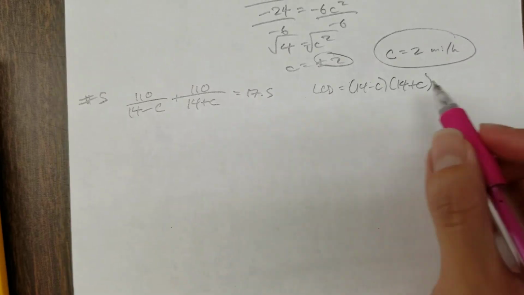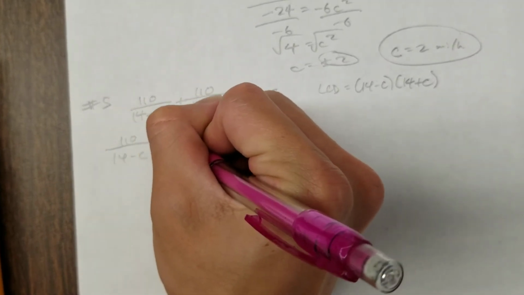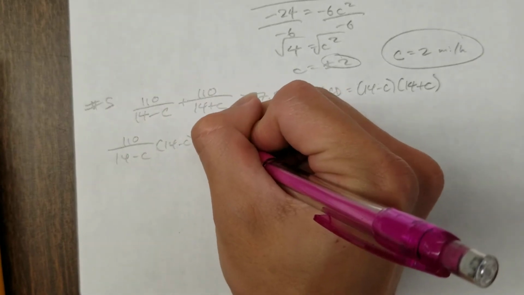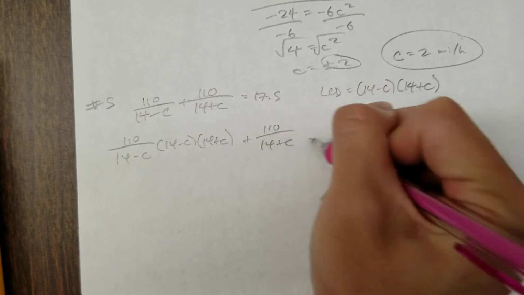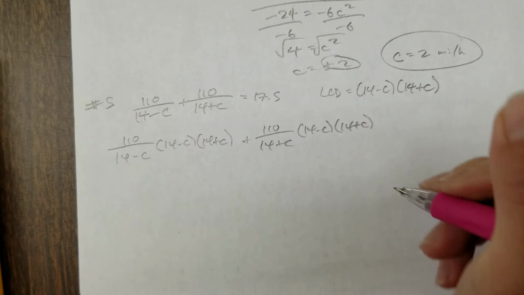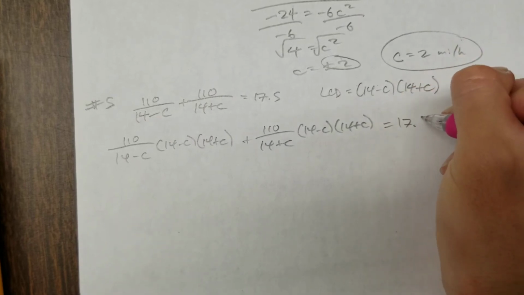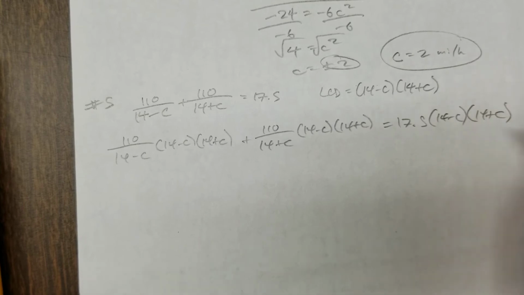So multiply this by (14 minus c)(14 plus c), this one by (14 minus c)(14 plus c), and this one by (14 minus c)(14 plus c).